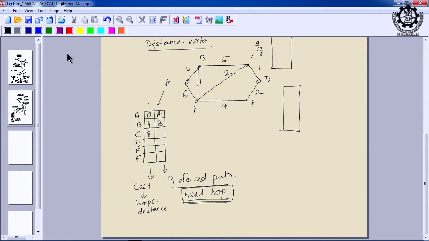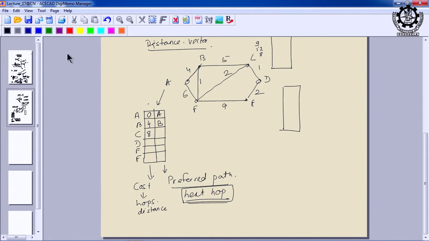I am sorry, any question? A wants to reach C. One path is A to B to C, that is 4 plus 5 is 9. Another is A to F to B to C, right. So, 6 plus 1 is 7 plus 5 is 12.